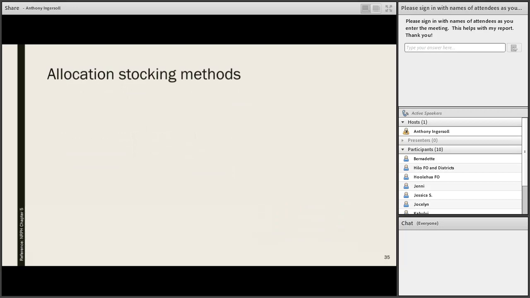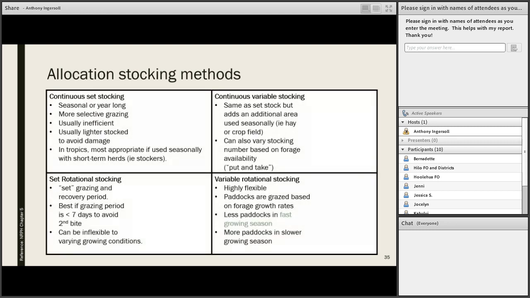So starting with the allocation stocking methods, there are four basic allocation methods. Continuous or set stock method is where the same number of animals are on one pasture unit all the time. The animal numbers might remain constant, but like we learned in our livestock session, their forage and nutritional needs can change throughout the year based on all kinds of factors.